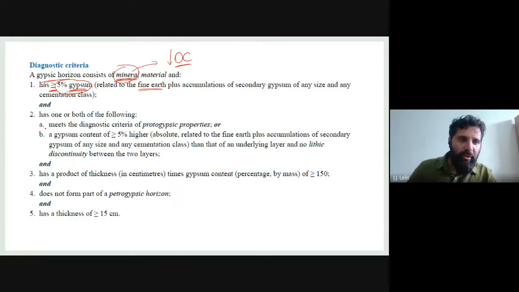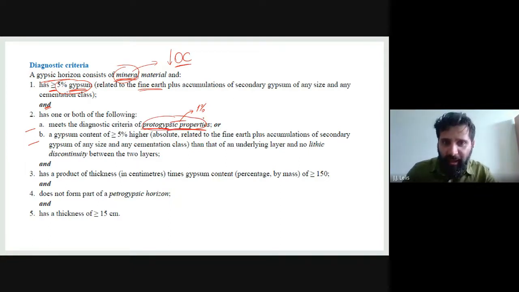And we also need these conditions. We need to find at least 1% of gypsum in the surface of the materials. The protogypsic properties. So we have to see at least 1% of gypsum in the soil surface, okay?